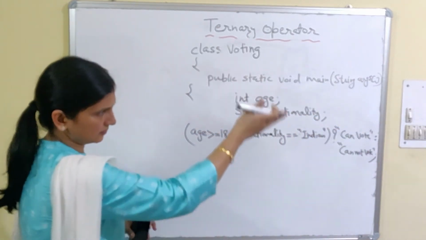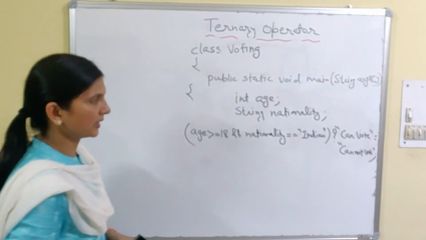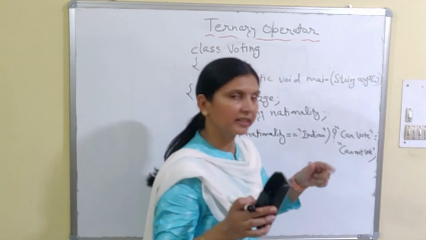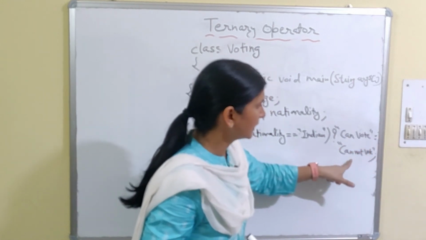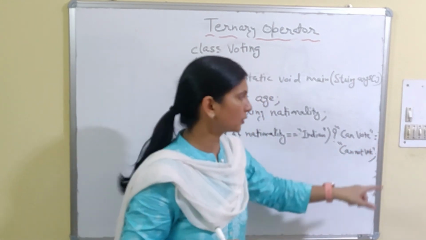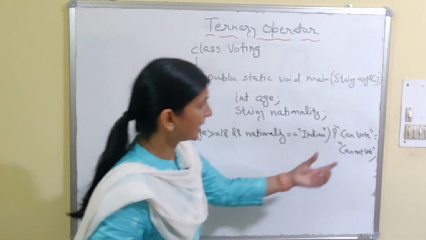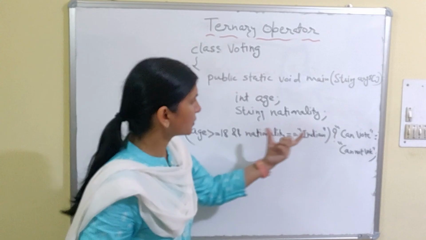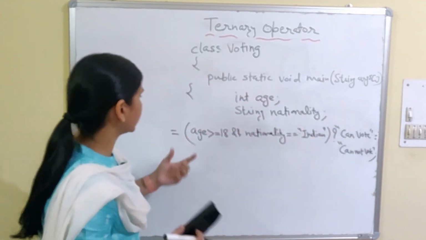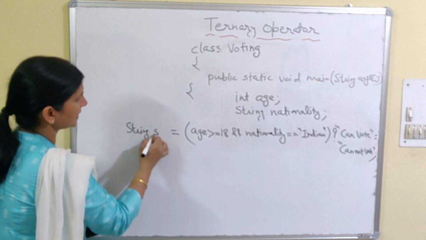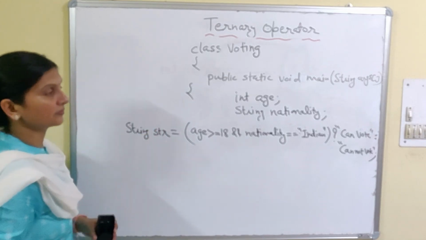It should be in one line because there is no space, that's why I have written it over here. Condition, question mark, can vote within inverted comma, colon, cannot vote within inverted comma, then semicolon. And here now we are assigning a string. If this condition is true, then can vote will be assigned into a string. String, I have taken str. Fine.